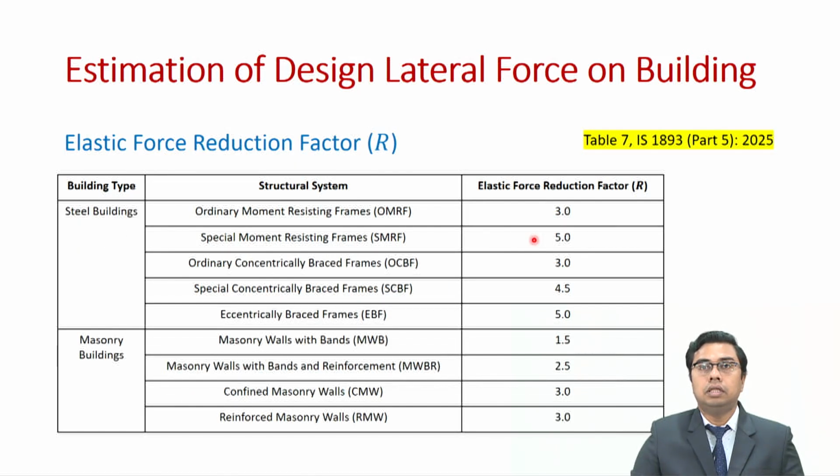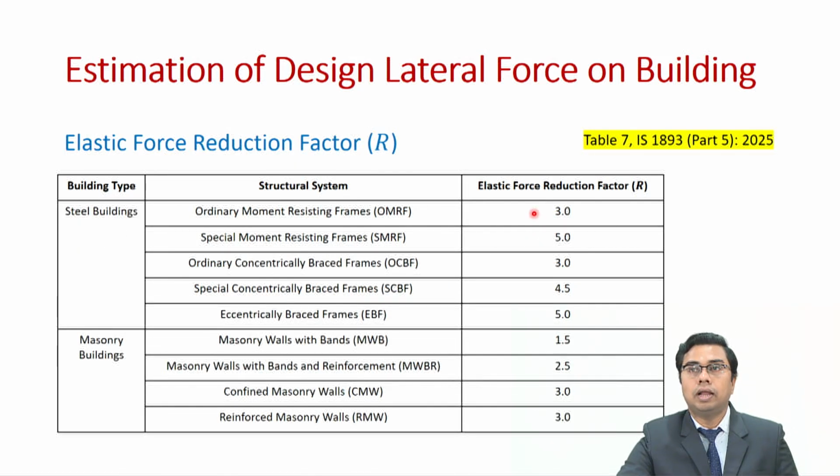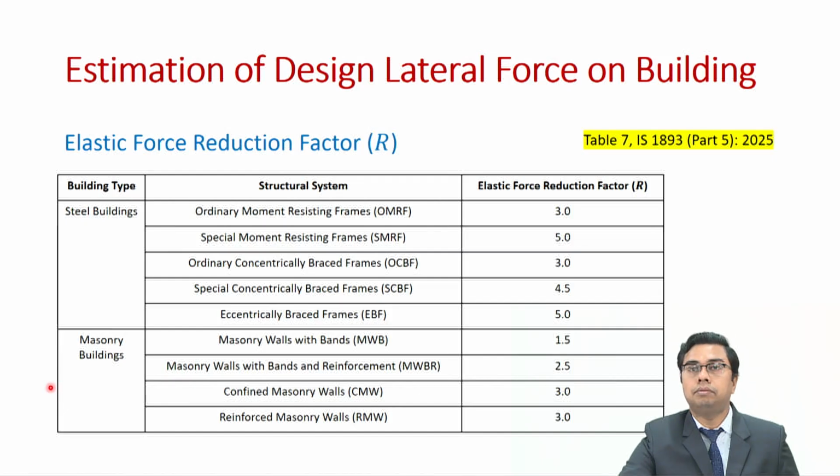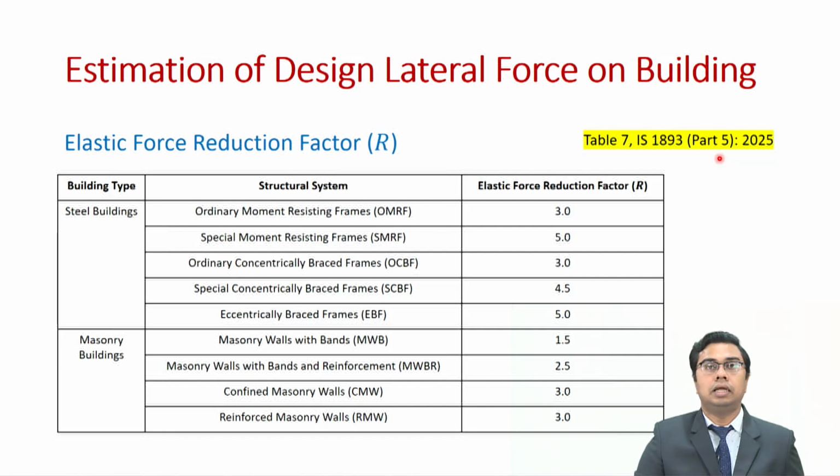Okay, so this slide contains the values of elastic force reduction factors for different steel buildings and masonry buildings as it was shown for reinforced concrete building in the previous slide, and all of these values are adapted from table 7 of the code IS 1893 part 5 2025 version.